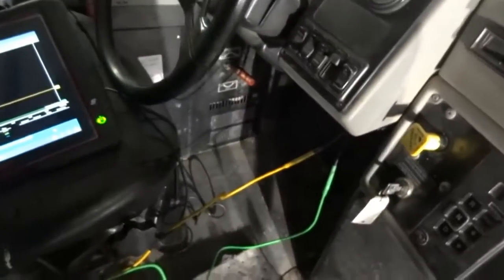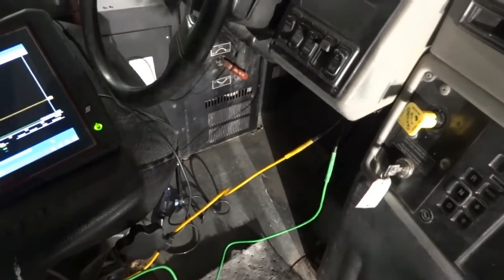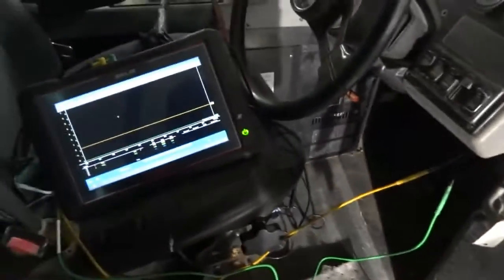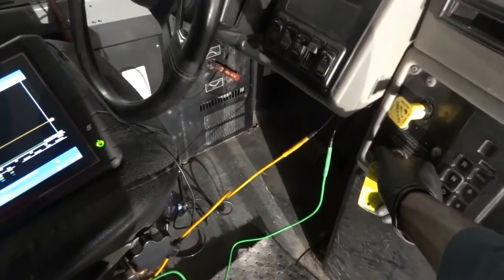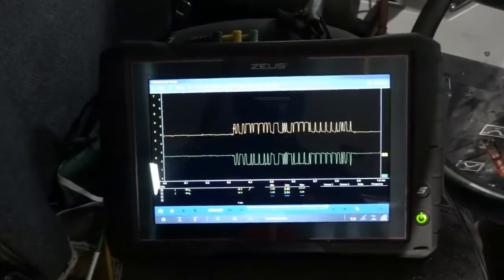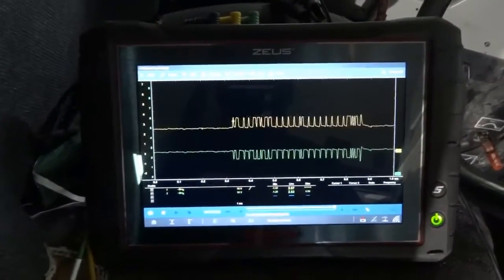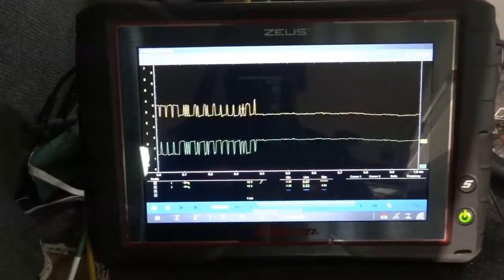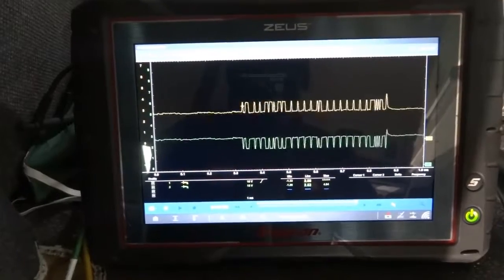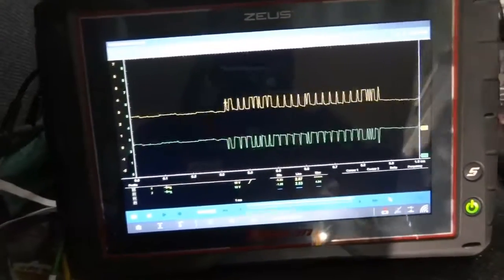Alright, I got the lab scope connected to the test leads on the data link connector. So now I'm going to turn the key on so we can look at the voltage waveform of the network. So the key is on. I don't see a big difference between the pattern that we saw and this one. I mean, the waveform kind of looks the same to me.